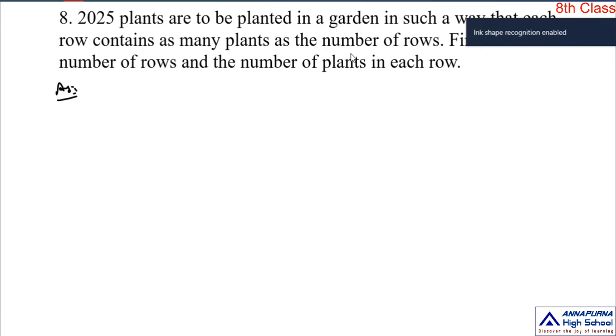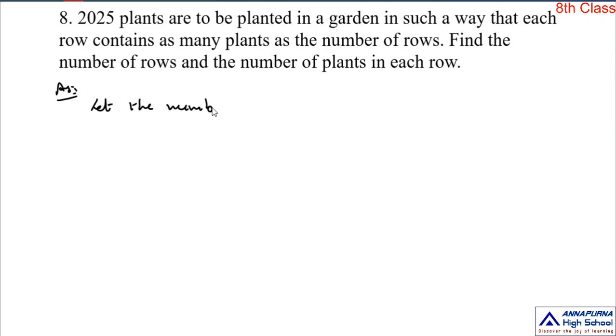Let the number of rows be x. Then according to the question, in each row how many plants are there? Yes, there are x plants.